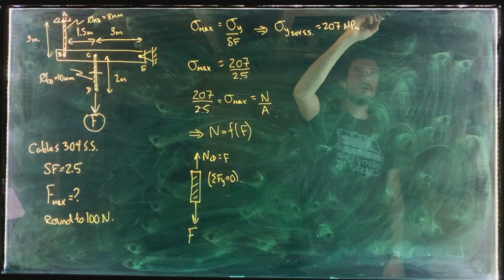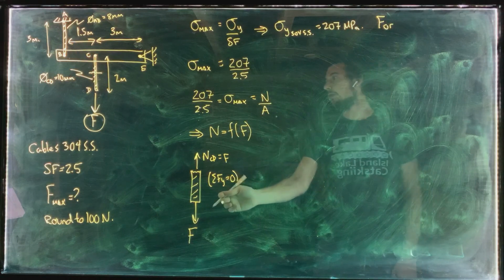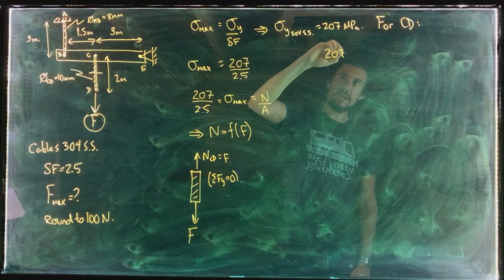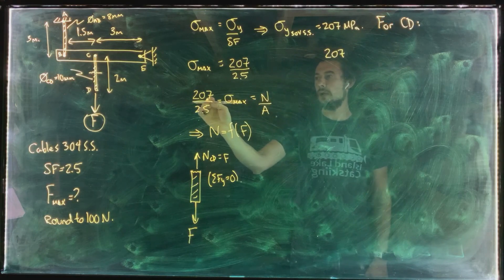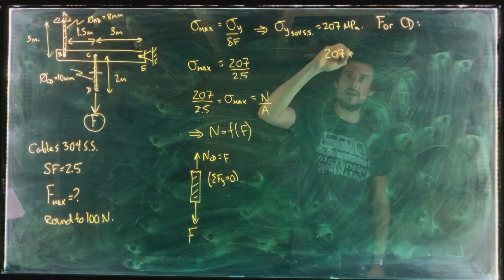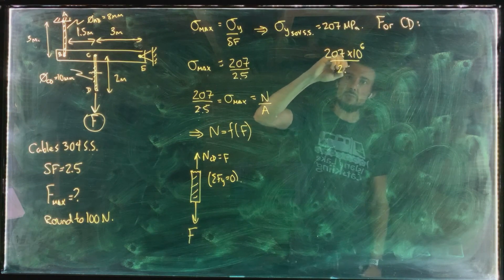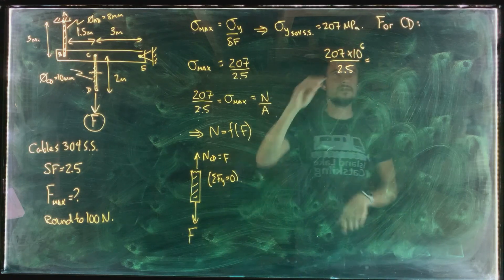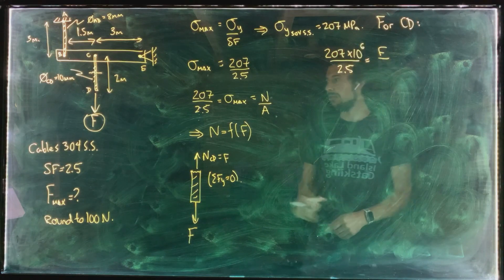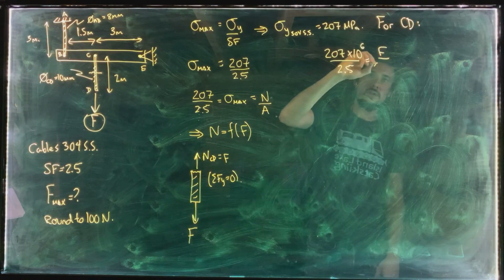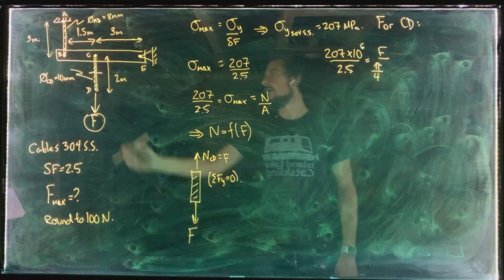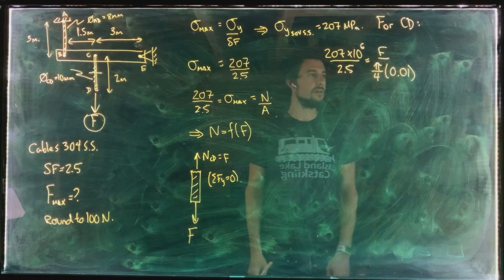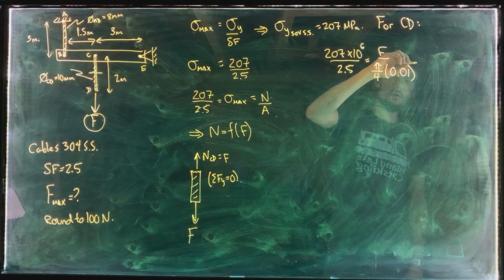Okay, so for cable CD, we've got 207, and now I'm going to change this from megapascals into pascals, times 10 to the 6th, divided by 2.5, is equal to the normal force in CD, which is load F, divided by the cross-sectional area of CD, which is pi divided by 4 times the diameter squared. 10 millimeters is 0.01 meters, squared.